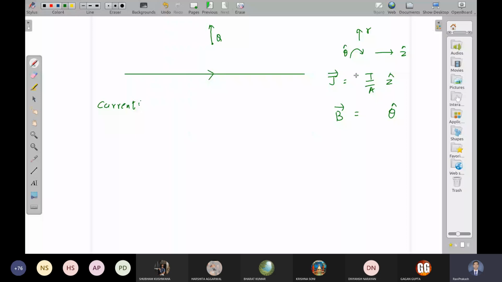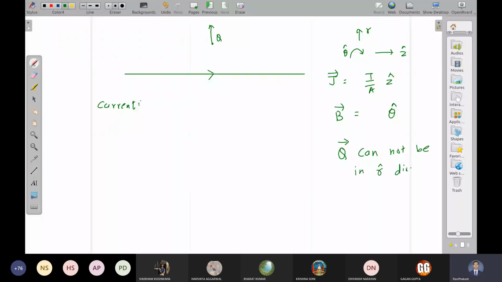I am saying that there is some unknown field. And my claim is that even if I do not know this field, I can say that this field cannot be in the r cap direction.